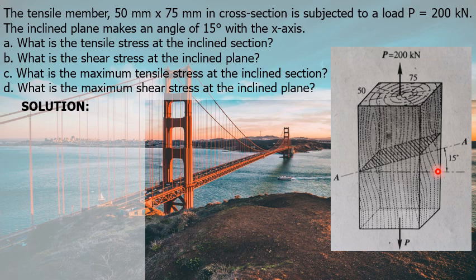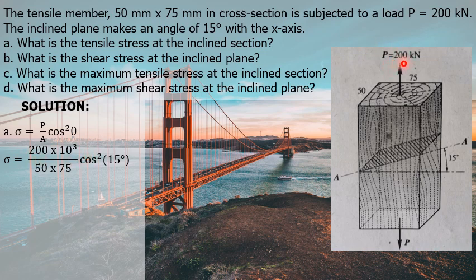In letter A, we are to find the tensile stress at the inclined section. Tensile stress is normal stress, and the normal stress at the inclined section is sigma equal to P over A cosine squared theta. We simply substitute our values. For P, that is 200 times 10 raised to 3 newtons.